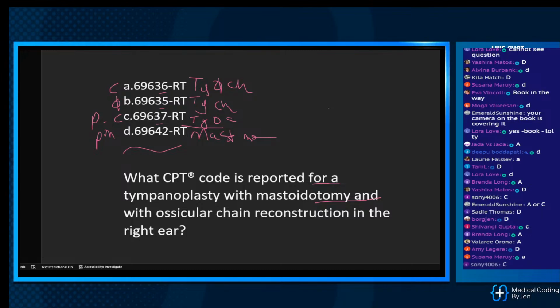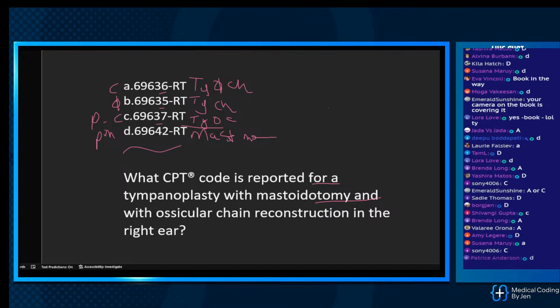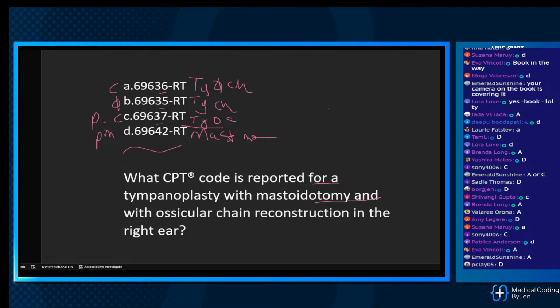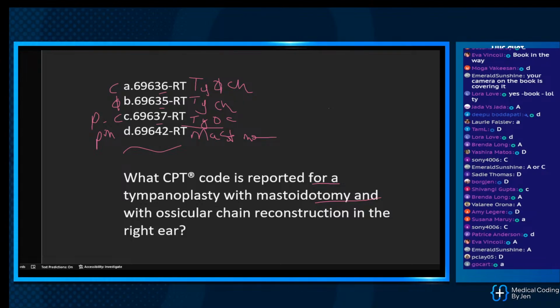There you go, Susanna. Good job. Valerie got it. Good. Eva, Emerald got it. Go card. Good job. Yes.